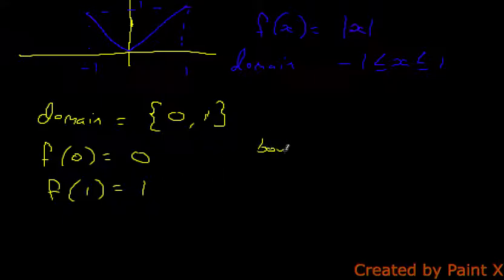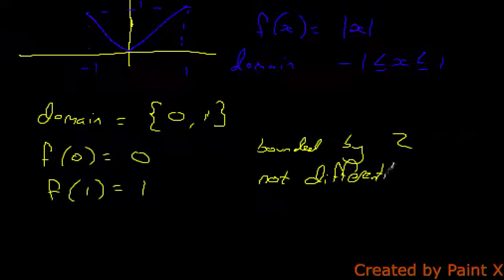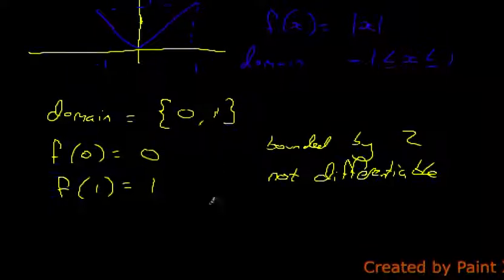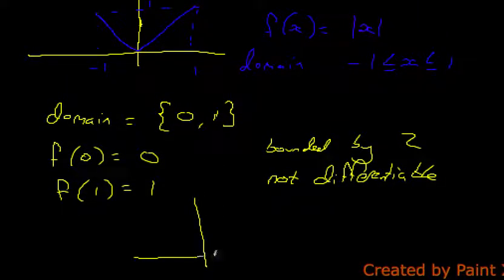Well, this is bounded by 2, for instance, and it's not differentiable. I mean, what's the derivative at 0, right? It doesn't exist. And you can plot this if you want. It looks like this, right? It's 2 points here and here. And that's kind of a really simple way to solve this problem.